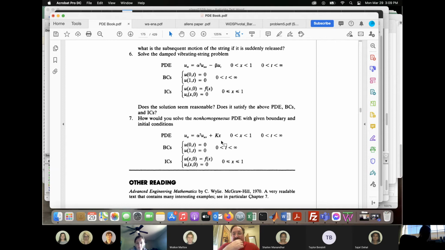from expansions of all the particulars of a problem, like your initial data and your source term. So what would happen in this case? You want to use that same kind of principle to solve this.